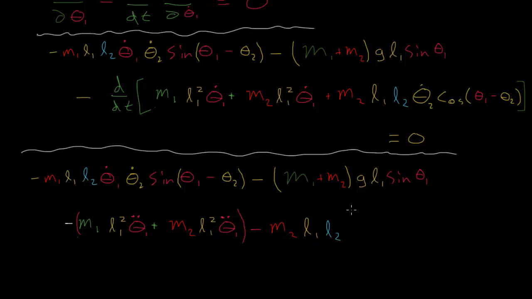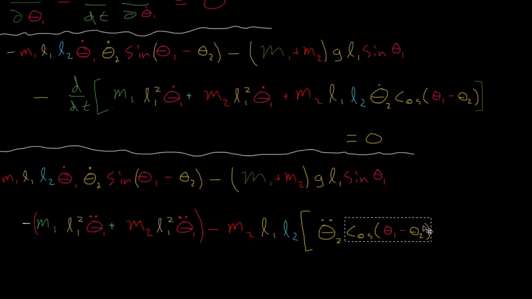So theta 2 double dot times cosine of the difference of the angles. So there's one part of our product rule, and then the other part of our product rule is plus theta 2 dot times the derivative of this.